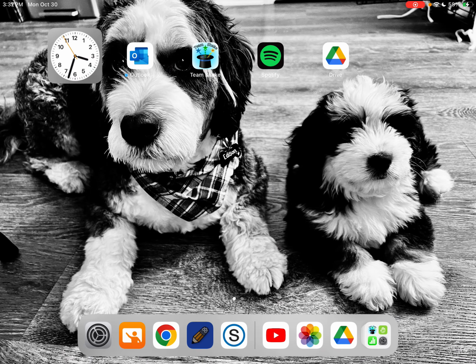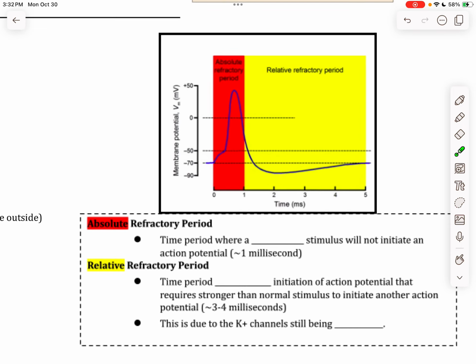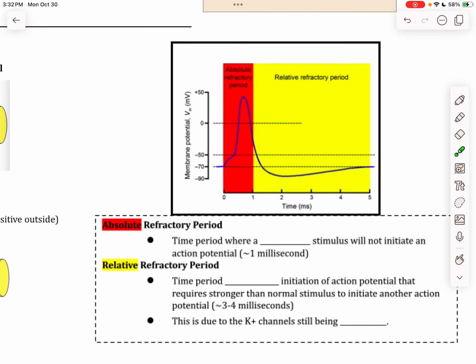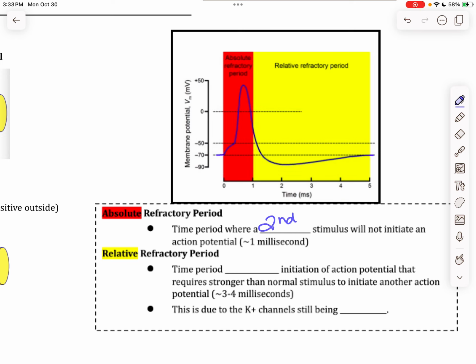That is called the absolute refractory period. It is the time period where a second stimulus will not initiate an action potential, and it lasts about 1 millisecond. It cannot initiate another action potential because everything is not reset yet.